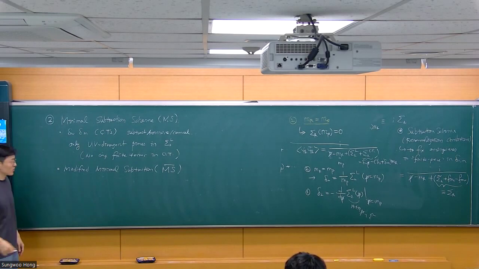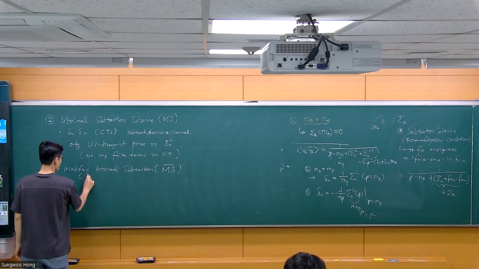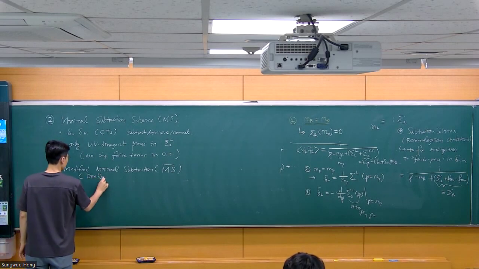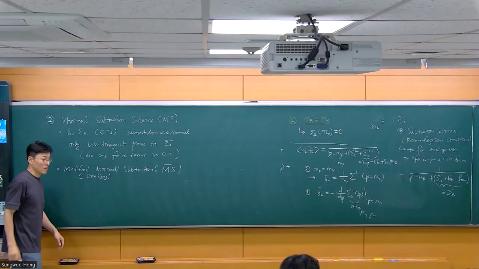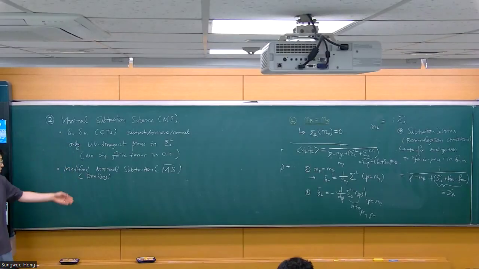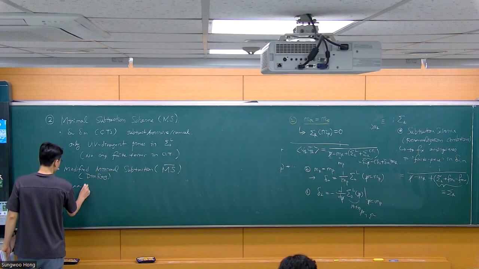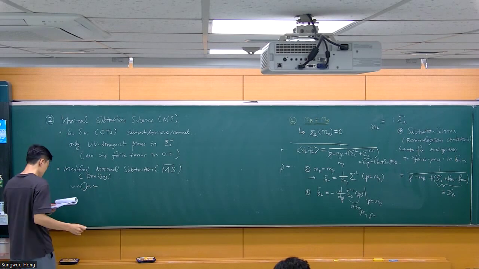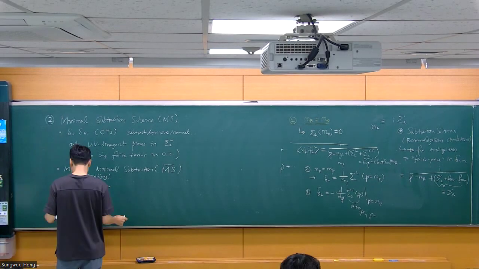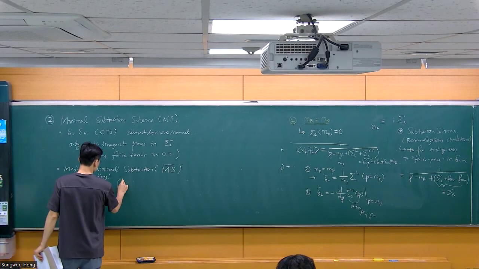So the idea is, this is used only if you compute things in dim reg, meaning if you regularize UV divergence using dim reg, then this is meaningful. So just to illustrate the point, for instance, when we computed the vacuum polarization diagram, this thing had a piece that looks like this, just to illustrate.